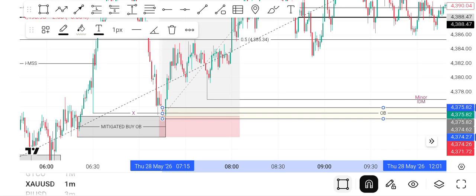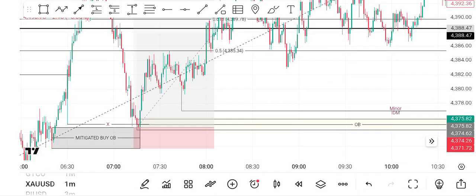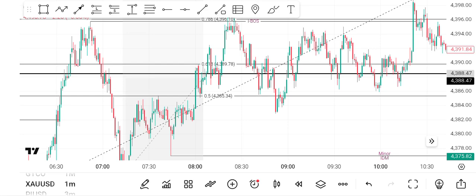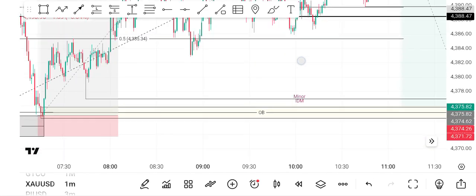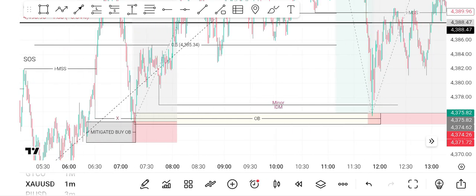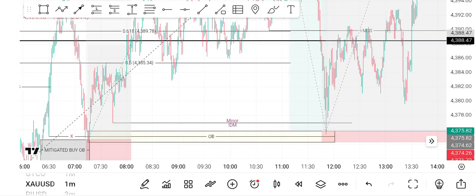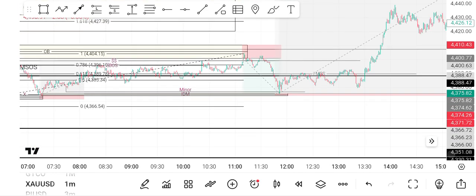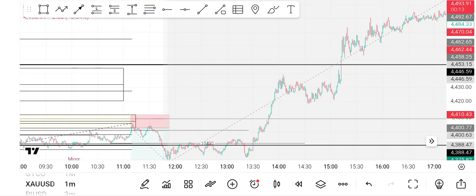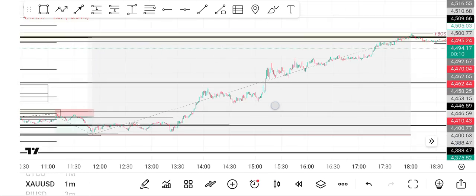So this is an inducement occurring before the market broke above. That is a minor inducement, and that is what the market came to take. The market took the inducement and used it to fly, and this fly was not just ordinary.